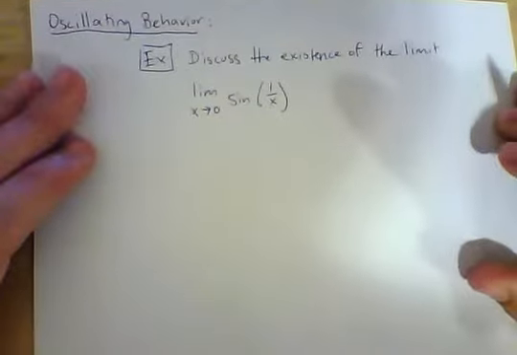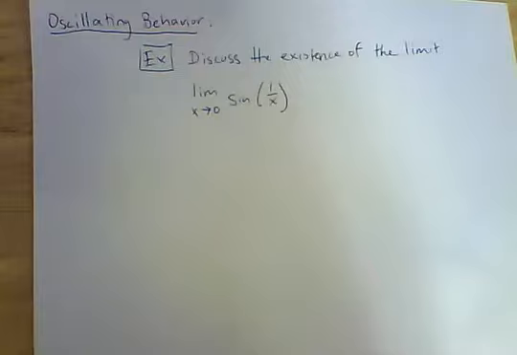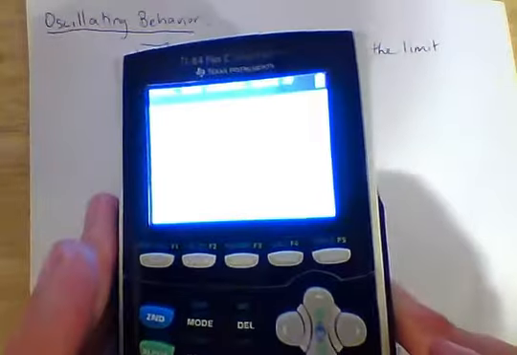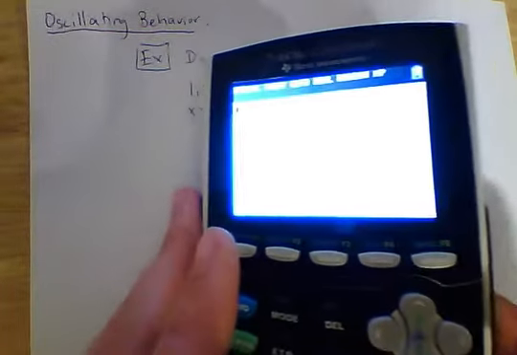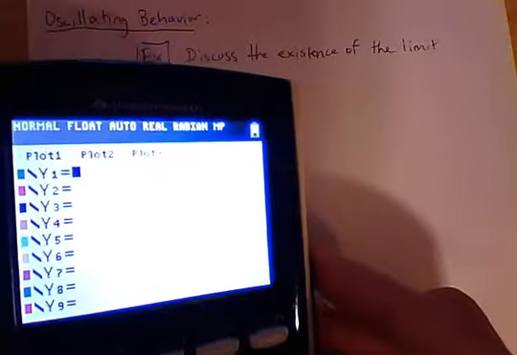Okay, now if you try to graph this in your graphing calculator, let's go through that real quick. Let's try this. We'll go to y equals, and there we go, that's a little bit clearer.